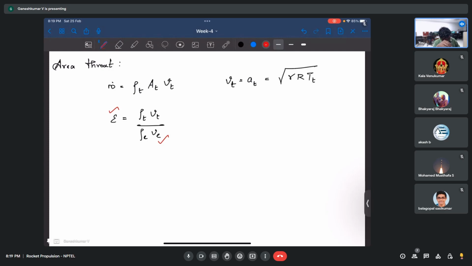We can potentially find Vt, we can also find rho t, and how do we find the exit density? For exit density, use the ideal gas equation. For that you need to know the pressure at the exit, which we can take as ambient pressure. You also need to know the temperature at the exit. We've already found the temperature at the throat.